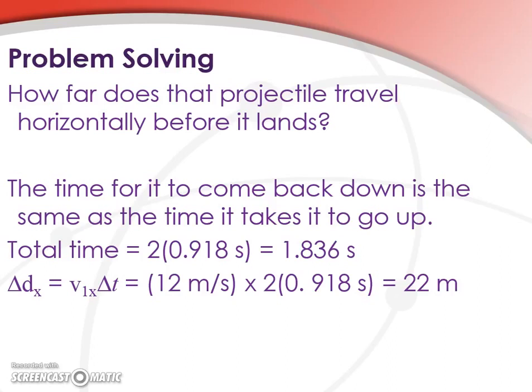And then we can substitute into the constant speed equation in the x domain to find out how far the projectile travels in the x direction, and it's simply v1x times delta t, 12 meters per second times 1.836 seconds equals 22 meters. So the range of our projectile is 22 meters.